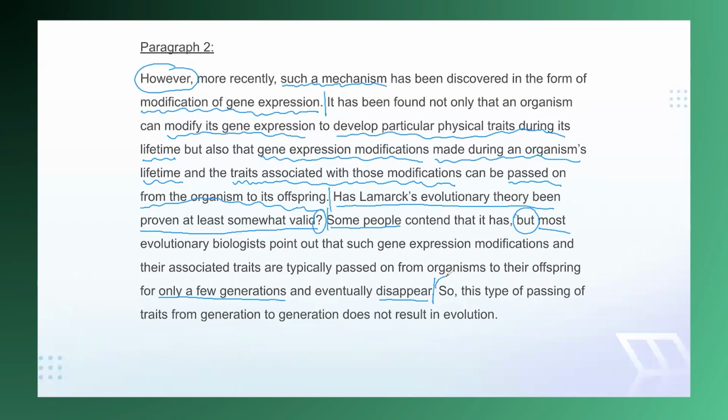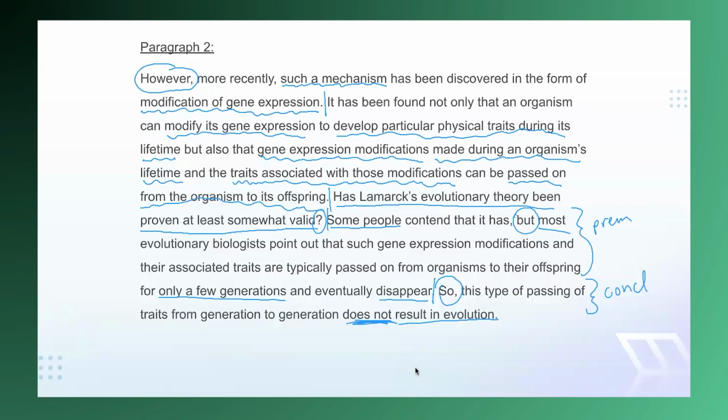Last sentence. So we've got conclusion language, which suggests that the previous sentence was all premise. And this last sentence is the conclusion. So our ideas that we were working with in the previous sentence are leading to this sentence. This is important. This is probably the point of the entire paragraph. So this type of passing on of traits, the type of passing on of traits we saw in the previous sentence associated with modification of gene expression from generation to generation, does not result in evolution.